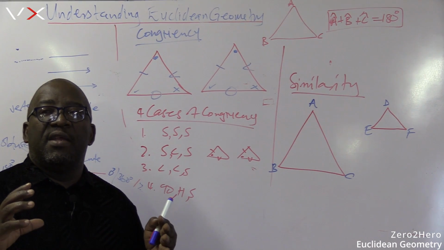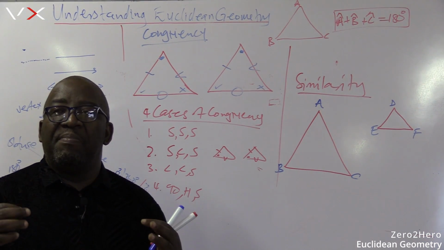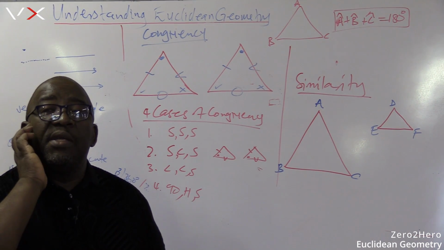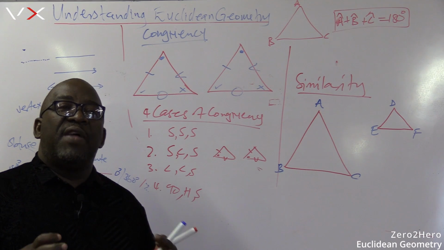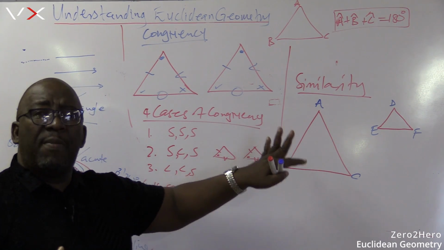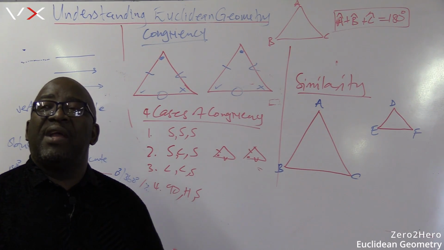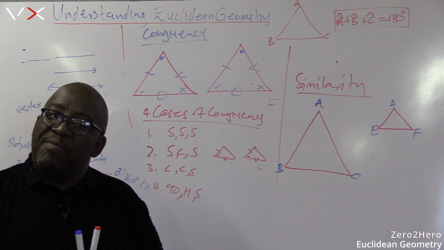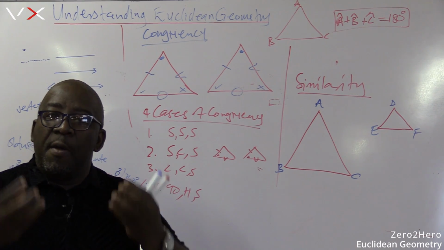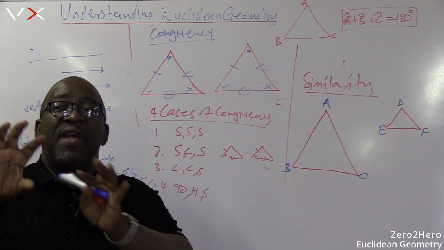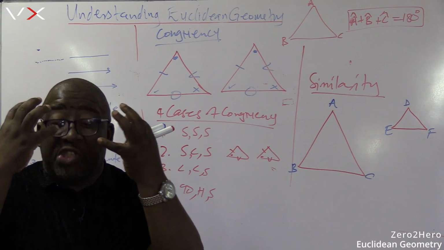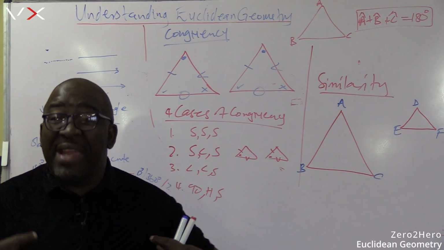Similar simply means there are features that are the same between you and your parent. In this particular case, because we're talking about triangles here, those features will be angles. Those angles must be the same, the corresponding angles. Your eyes and the eyes of your parents are in the same position. You can't have eyes here and eyes here.